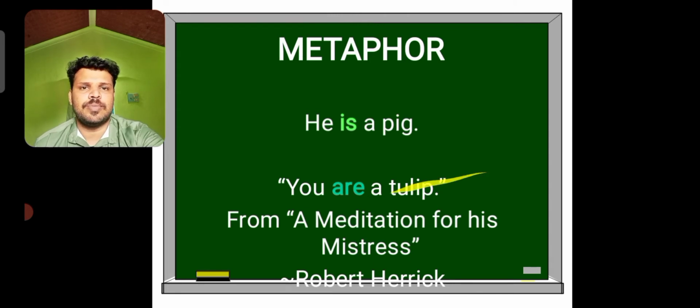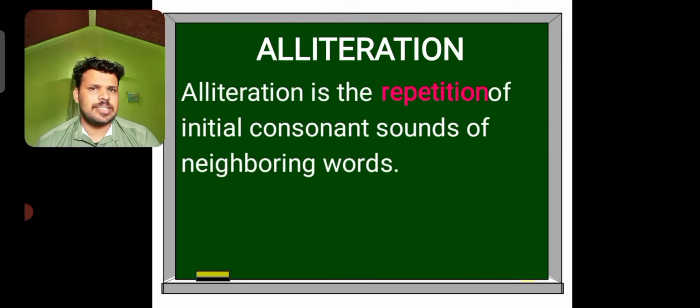So let's move. Alliteration. Alliteration is very simple. Alliteration is the repetition of initial consonant sounds of neighboring words. What is assonance then? Assonance is the repetition of initial vowel sounds of neighboring words.